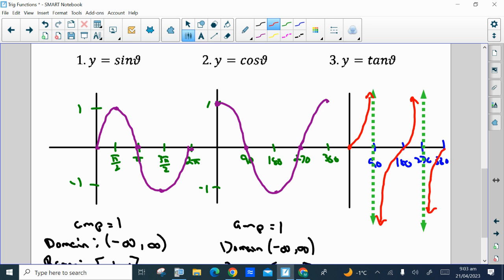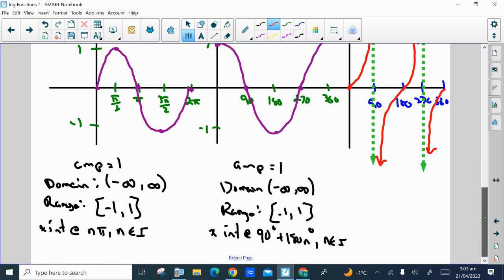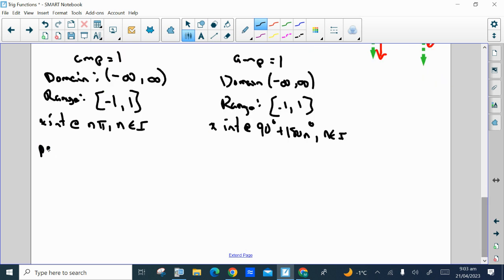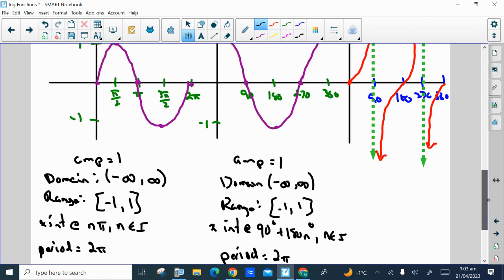The one thing we didn't mention for the graph of sine and cos is what the period is. The period is how long it takes to go through one cycle. And for sine and cos, that is 360 degrees, or 2 pi radians. Tangent is different.